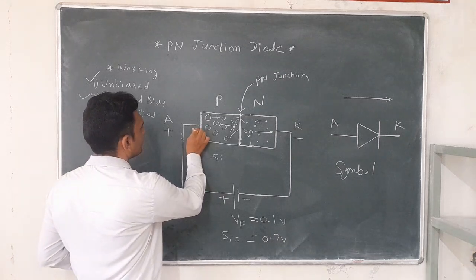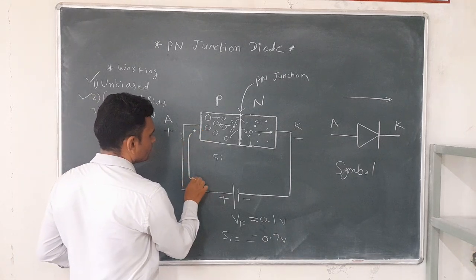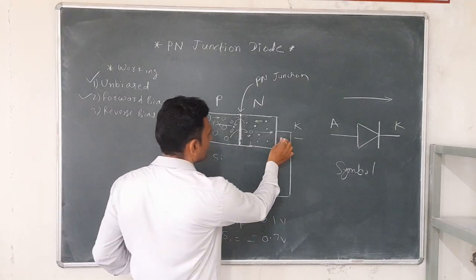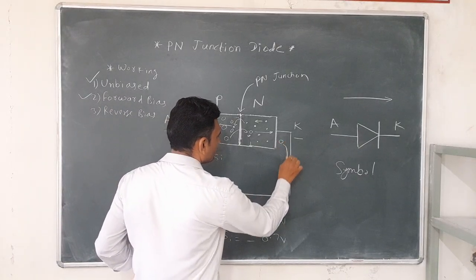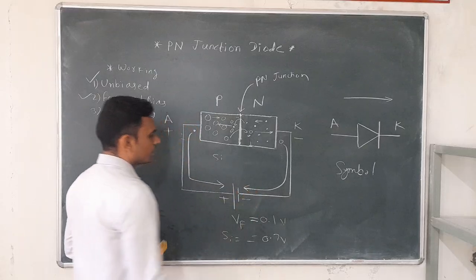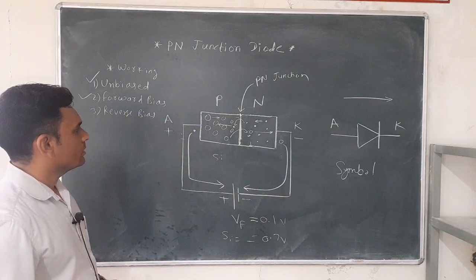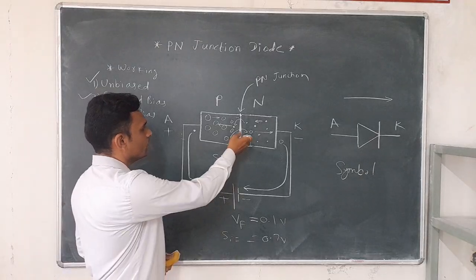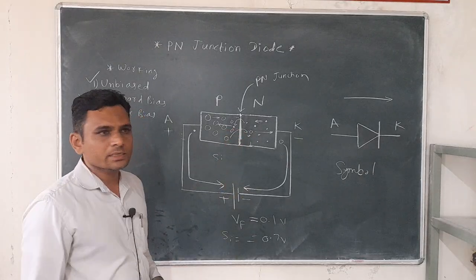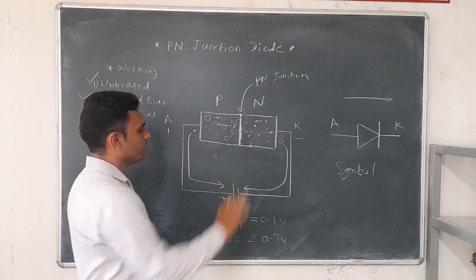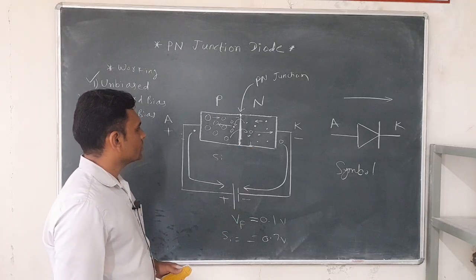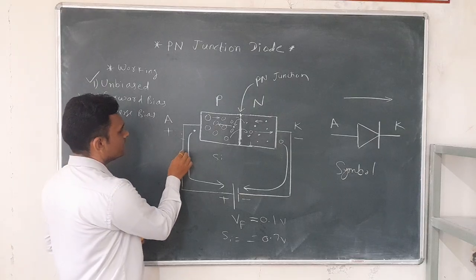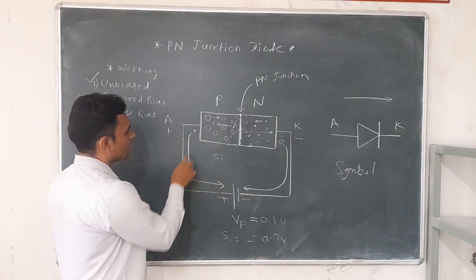So electrons move towards positive of external voltage source. Similarly, holes move towards negative of the external voltage source. So with increase in this forward voltage, more and more holes and electrons cross the junction, and there is movement of charge carriers. So current flows through the PN junction diode, and direction of current is opposite to direction of electron.